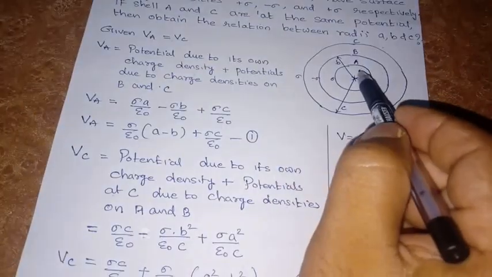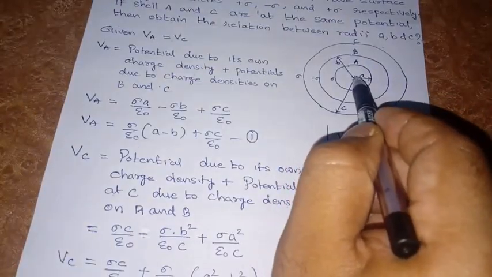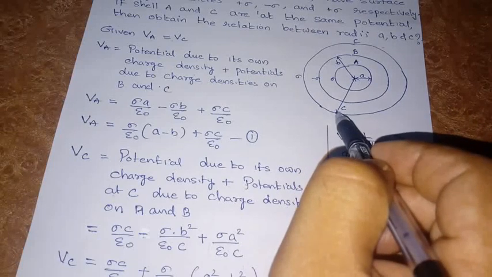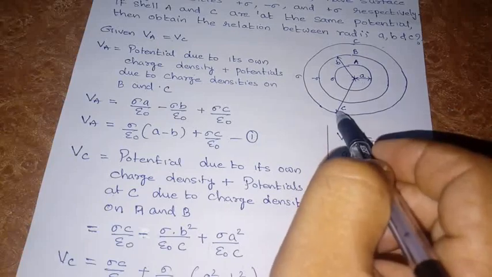This is the center of the B, and we are considering the point on the surface of the C, therefore r will be c.